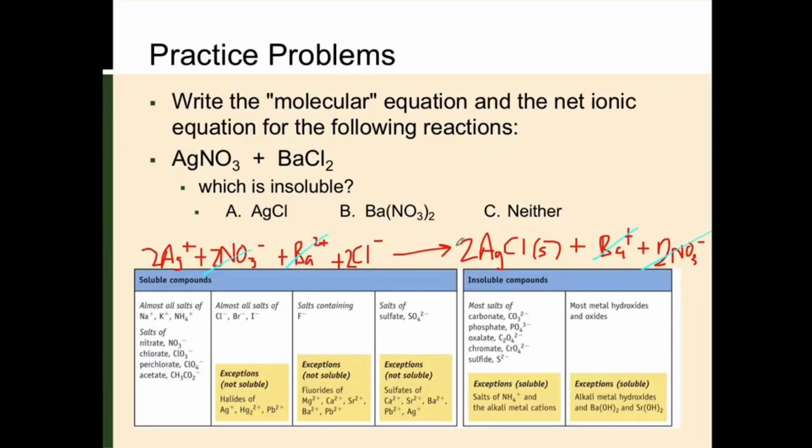So we're left with 2Ag plus plus 2Cl minus gives us 2AgCl as our net ionic equation. Okay, so that means that we're going to be left with silver chloride being insoluble. We can see that from our table here. So soluble compounds are typically halide salts. However, silver is one of the exceptions.